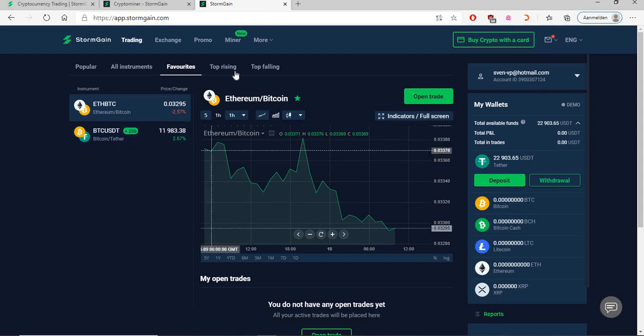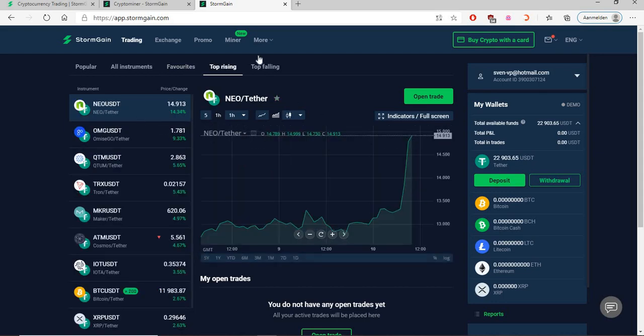Okay, then we go to the next tab. You have two tabs just waiting: the top rising tab and the top falling tab. In the top rising tab, you are going to see all the currency pairs that are now rising the most in percentage of profit. So you have the NEO Tether pair that is going to rise about 14.28%.